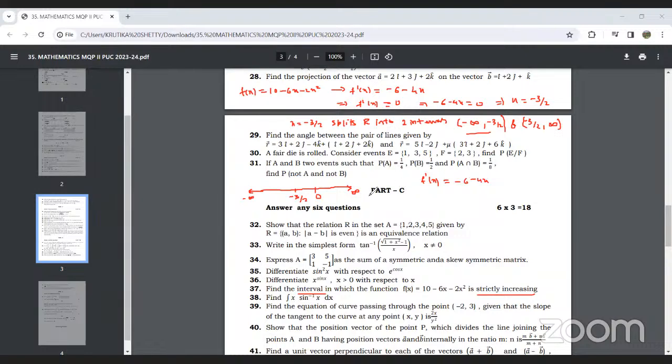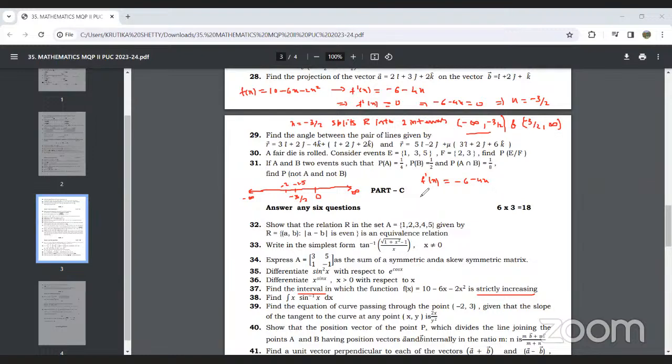Try to substitute any one point from this interval. Minus 3 by 2 is minus 1.5, so you can substitute the immediately next point, minus 2. Minus 4 into minus 2 will be plus 8, plus 8 minus 6 is plus 2, and plus 2 is greater than 0.